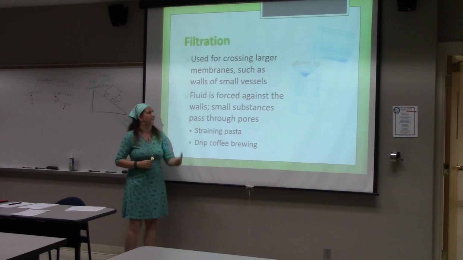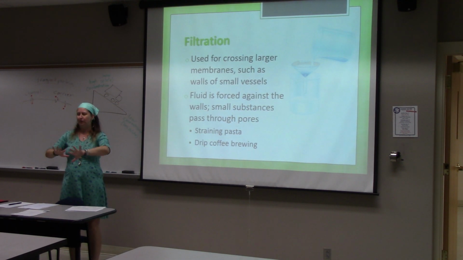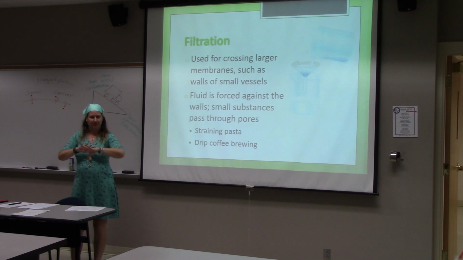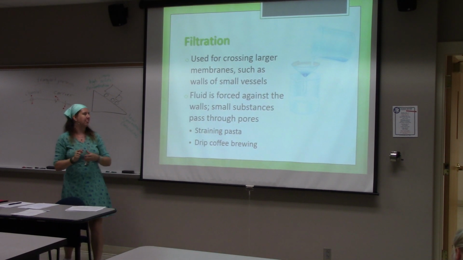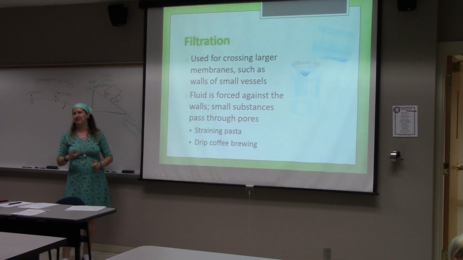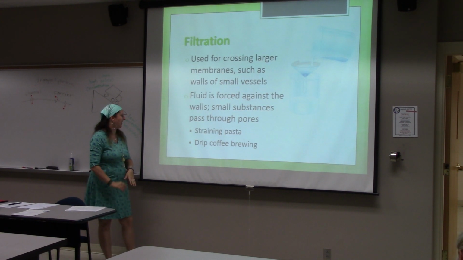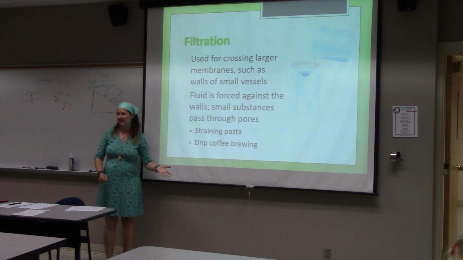What happens in filtration is that you have a physical force that pushes the fluid against the wall or membrane that's there. And that force makes things that are small enough pass through pores. We see this every day in things like straining pasta.